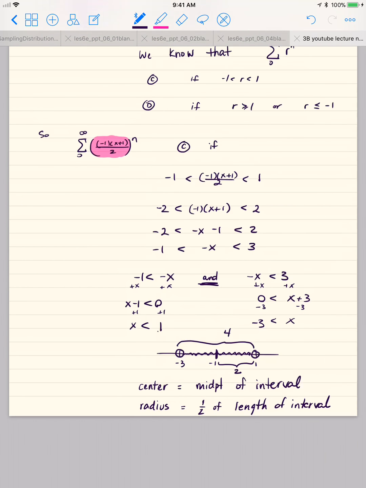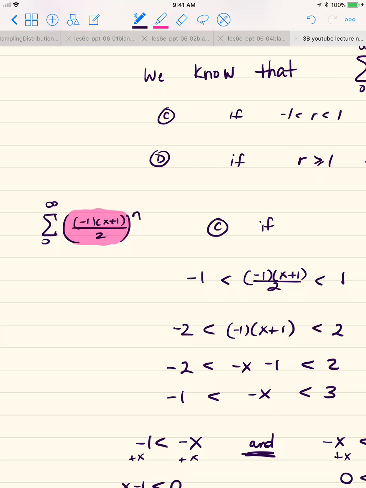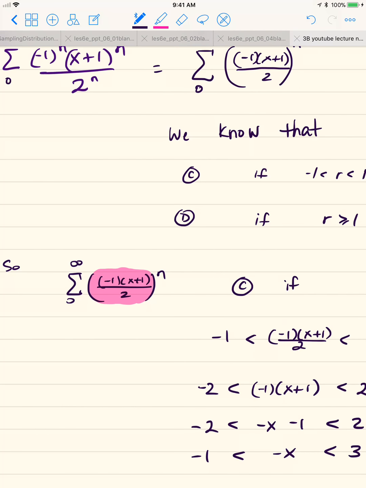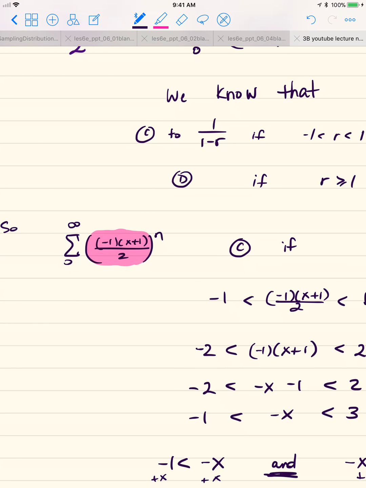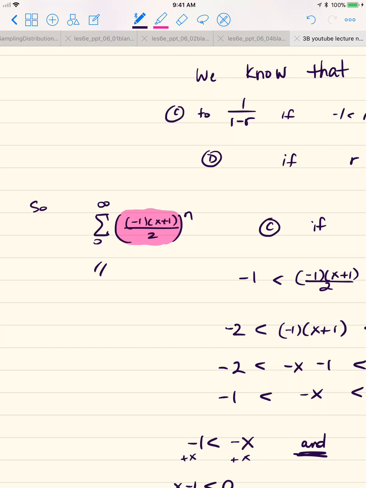Okay, and in fact, we can take it a little bit further and say that if it converges, so here, if you have this series, what does it converge to? What is the sum? It converges to 1 over 1 minus r, right? So this series is going to be equal to 1 over 1 minus all of this pink stuff.